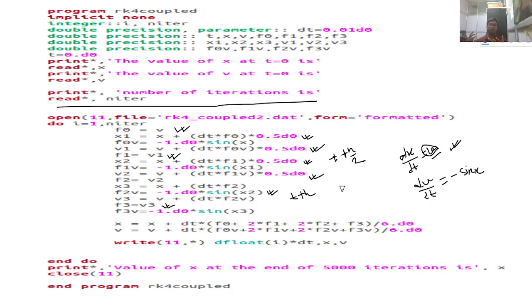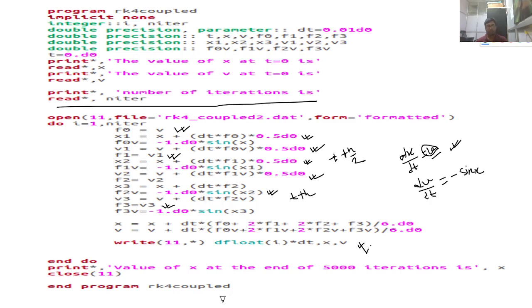We have a second order equation which we transform into two coupled first order equations, and then I am using the RK4 method to find out x as well as v, that means displacement as well as velocity. And so I have written those, and then as per the question we have to print the value at the end of 5000 iterations, and then I am just doing this.